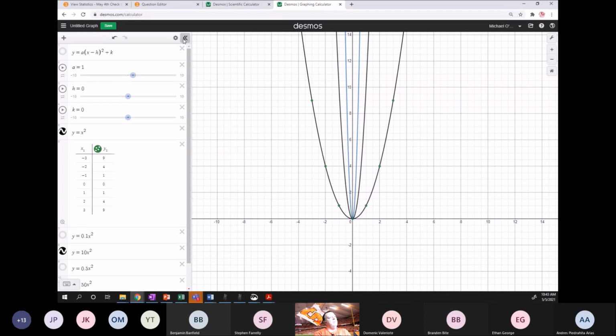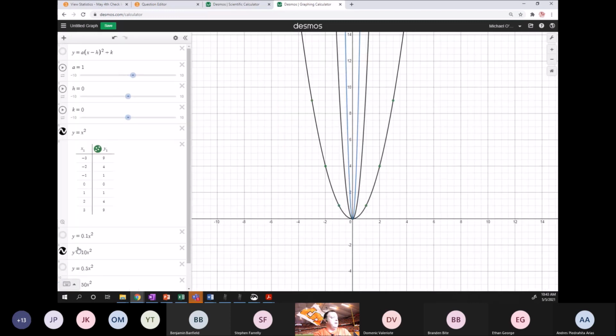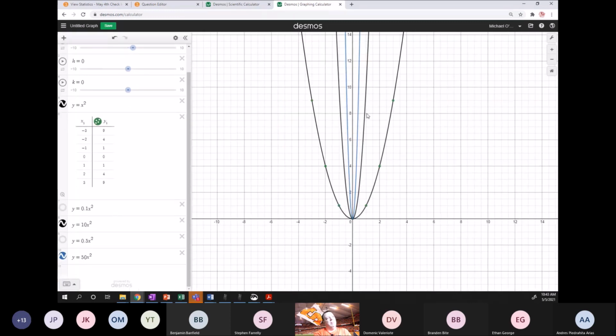How would you describe what happens in however you want to describe it? What happens when the numbers are greater than 1? One is 10 and one is 50. The black one here is 10 and this one here is 50. Can anyone describe in their own words what happens to it?